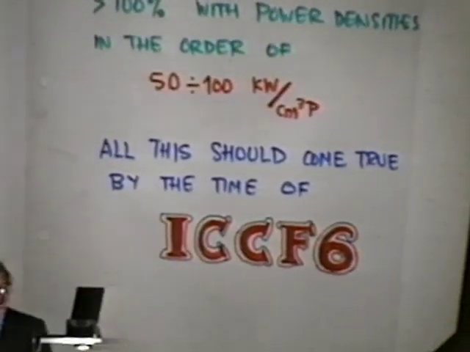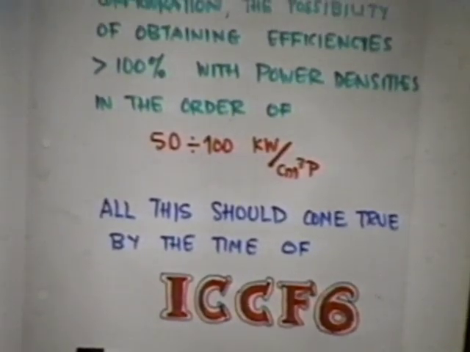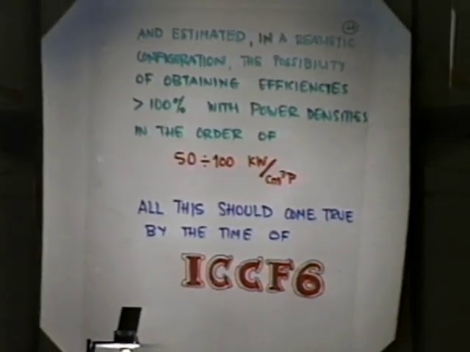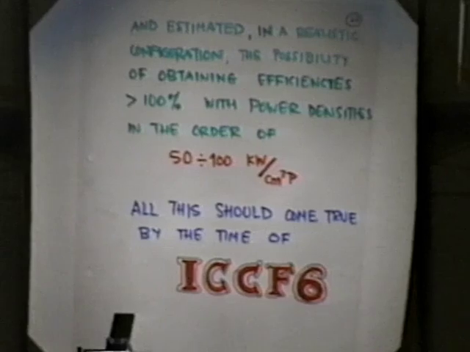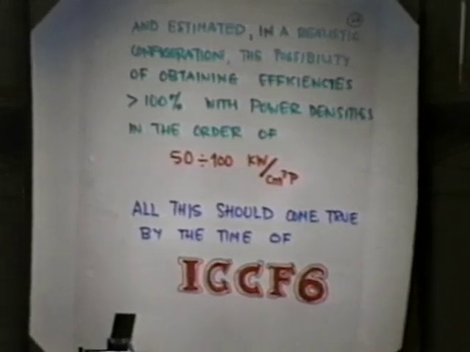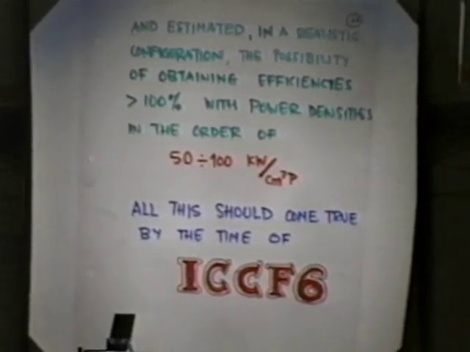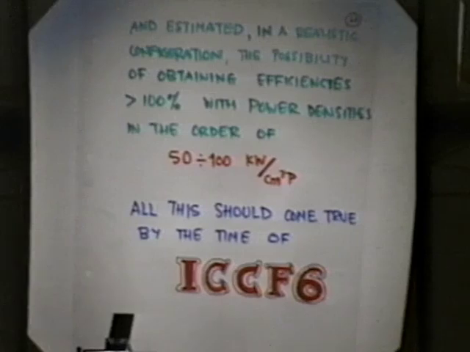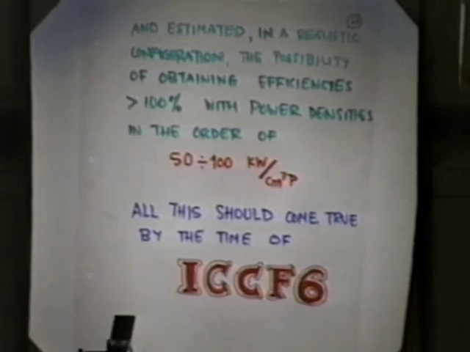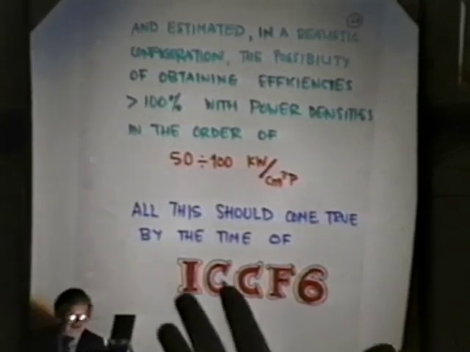I have estimated that in realistic configuration, there is the very definite possibility of attaining efficiency beyond 100% with power density in the order of 50 to 100 kilowatts per cubic centimeter of palladium. And I believe that all this should come true by the time of ICCF-5. Thank you very much for your attention.